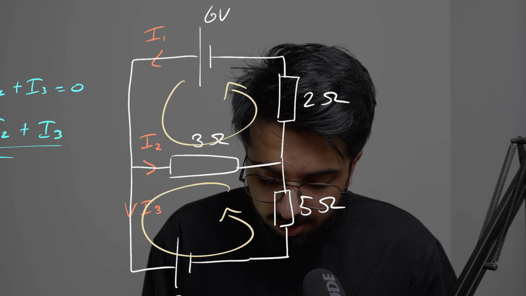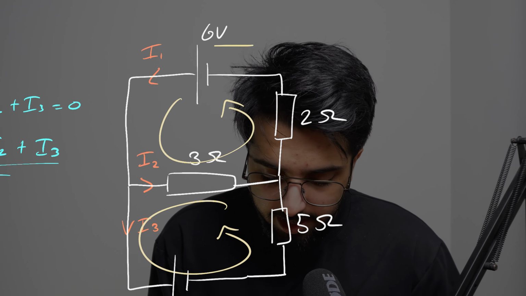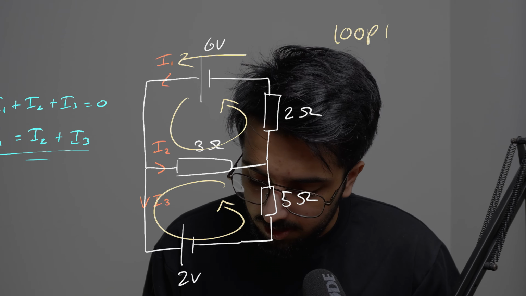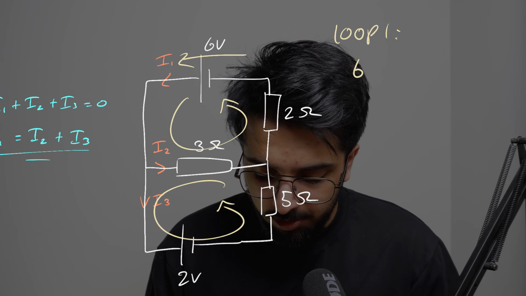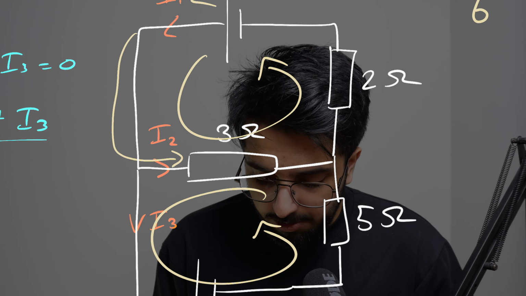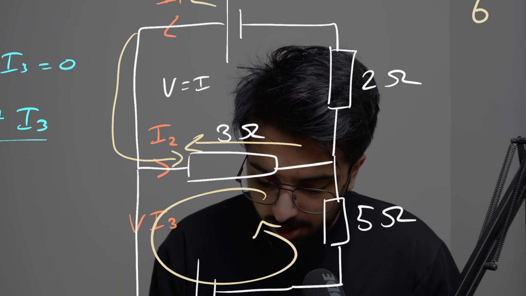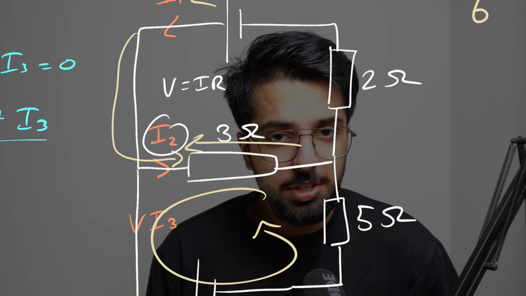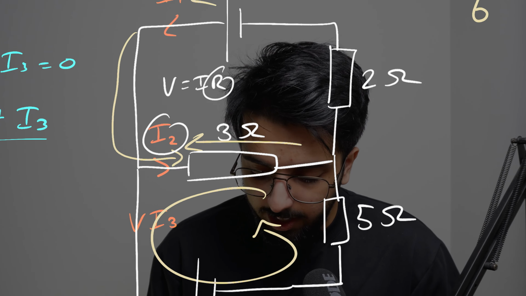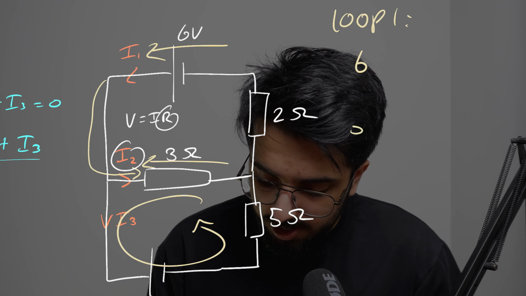As we start from our starting point and go around the loop, we can see that we have a 6 volt rise over here. So for loop 1, that's a 6 volt rise to start off with. Then, as the current goes through here, we have a voltage drop. As we know, V is equal to IR. The current going through this resistor is I2, and the resistance is 3 ohms, so the voltage is going to be equal to 3I2.